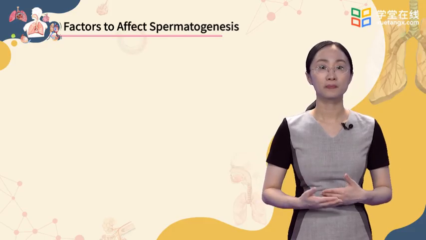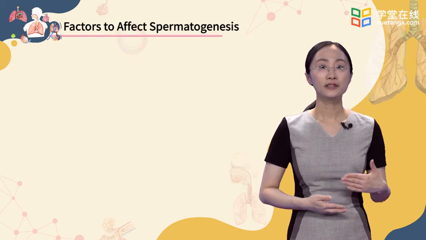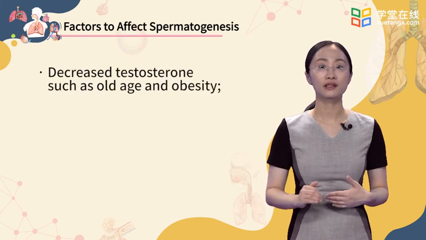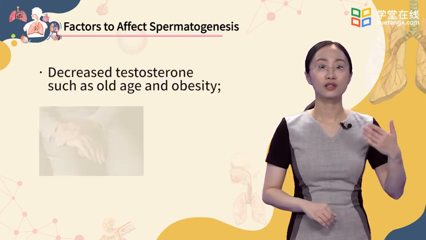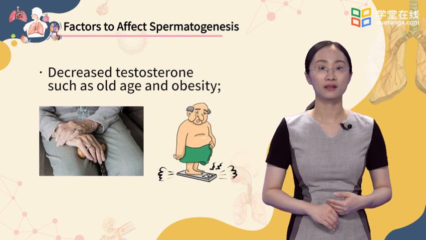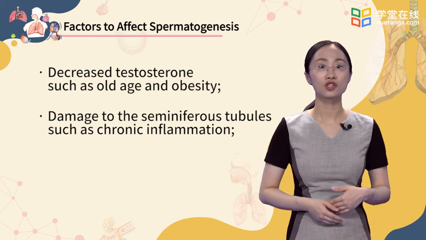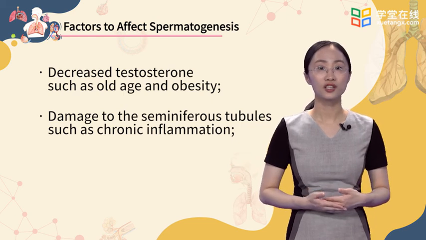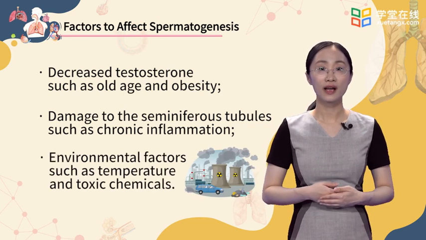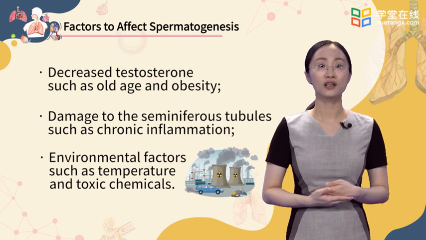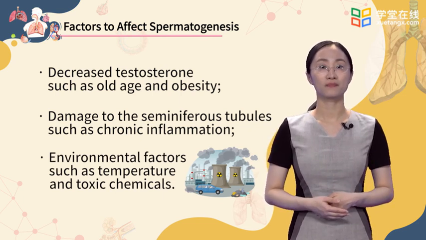Only one sperm fertilizes a single egg released at ovulation. Some factors will affect spermatogenesis. Risk factors include decreased testosterone, such as old age and obesity, damage to the seminiferous tubules, such as chronic inflammation, and environmental factors such as temperature and toxic chemicals.